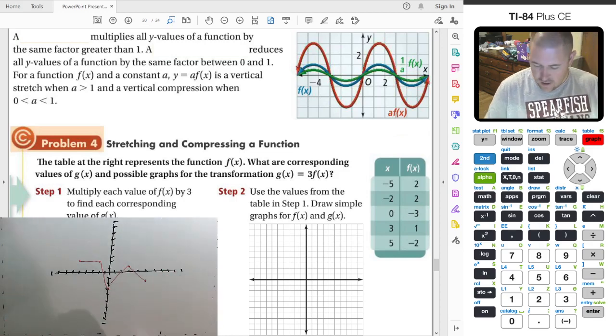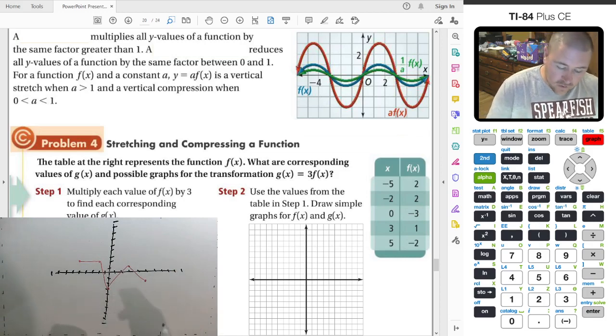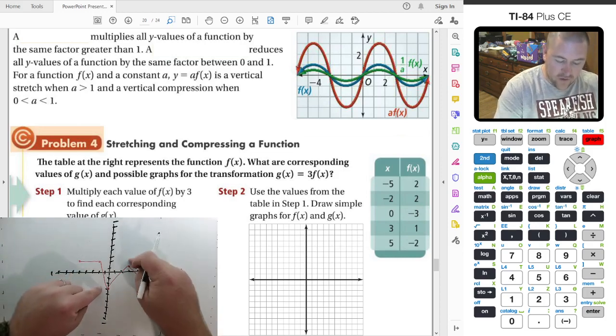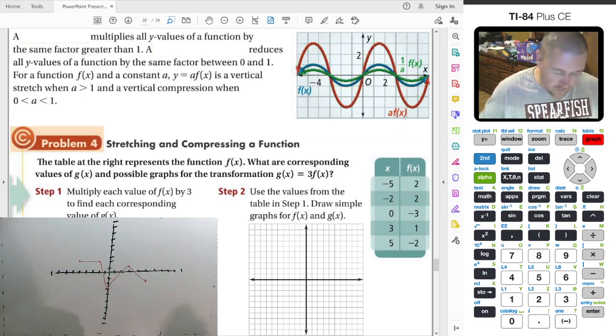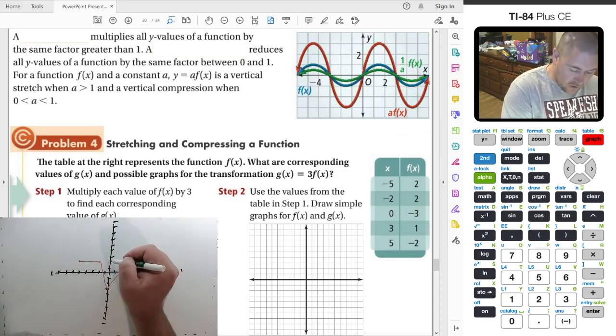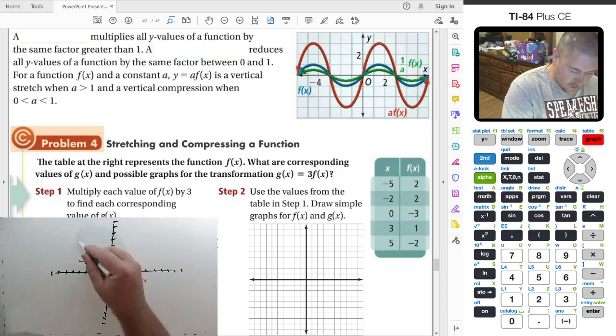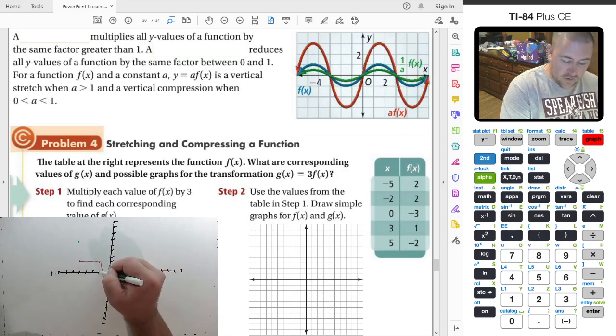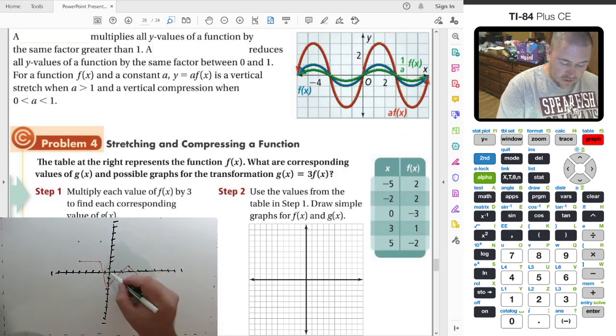if I take and put a 3 in front of it, well, 3 is greater than 1, so it's a stretch. I'll take all of these y values and stretch them out 3 times as tall. So instead of being at -5, 2, it'll be -5, 6. Instead of -2, 2, it'll be -2, 6. Instead of 0, -3, it'll be 0, -9.